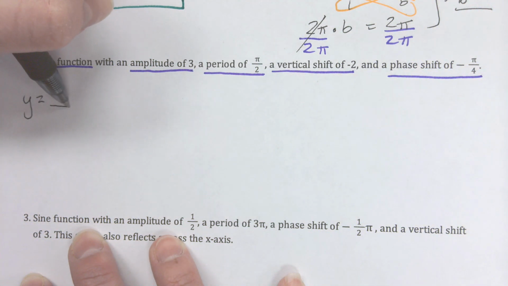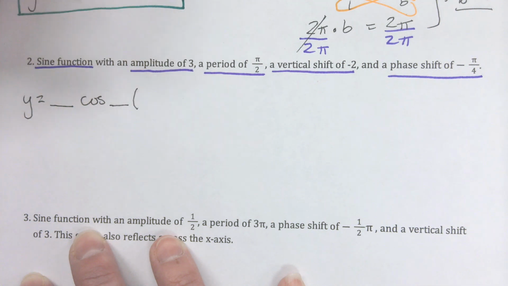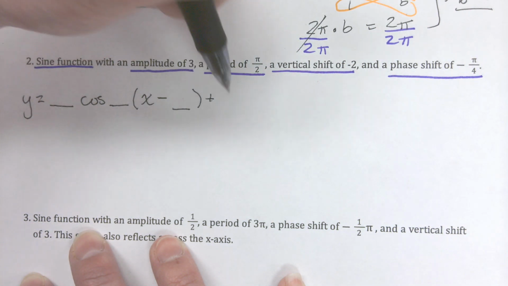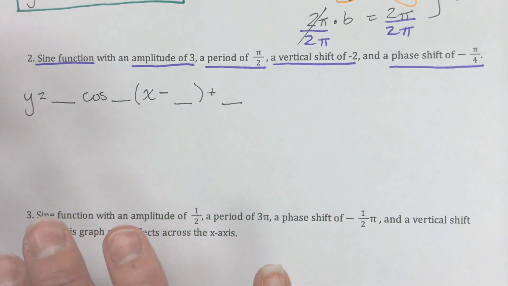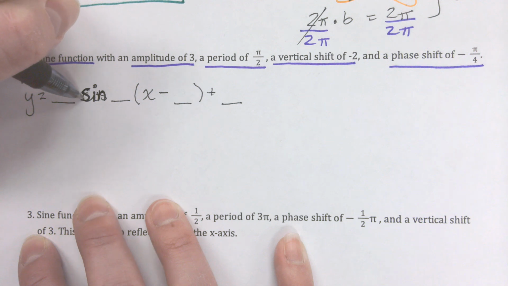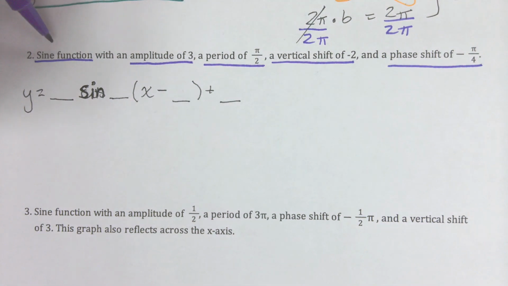Y equals whatever A is, cosine of whatever B is, in parentheses, we have x minus the phase shift plus the vertical shift on the outside. And I already messed up. I copied it from above. This is not cosine, this is sine. There we go. All right. This is why I underline.